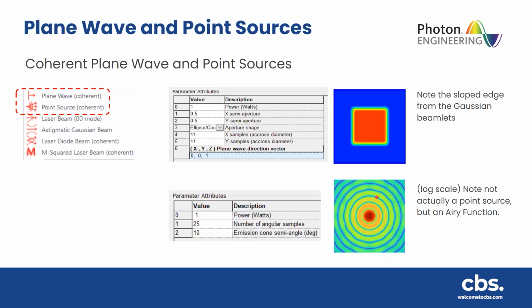As you might expect, it's not an exact point source because in the coherent case, it is an area function. As you can see here, it's not a perfect circle, and that's because of the finite resolution of the number of angular samples we're using to create this source. As you increase this, it will tend towards a more perfect ring structure.